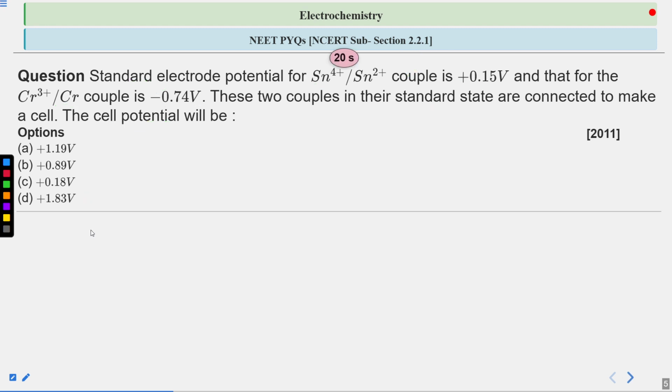You have some time, try to solve it, try to analyze this, and then we will see how you can solve this and which option will be the correct answer. Okay, so let's see.